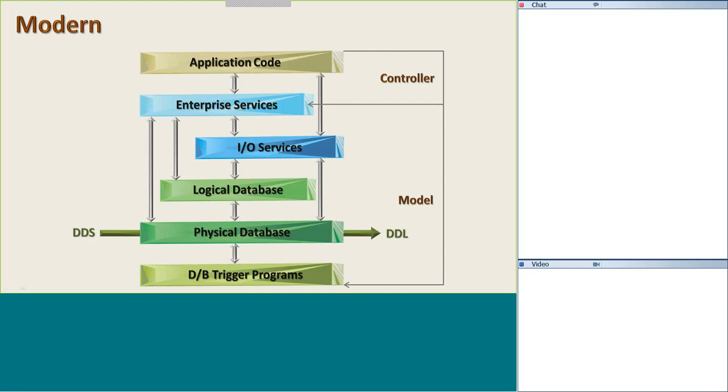But generally speaking, for the enterprise services, there are certain types. Things like value-added tax or taxation calculators, discount calculators, quantity discount calculators. There are many of those that really have application across your production systems.